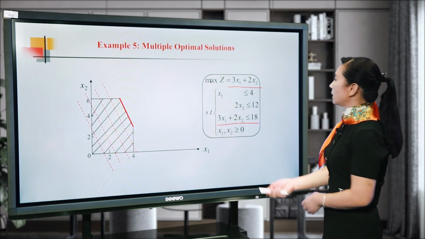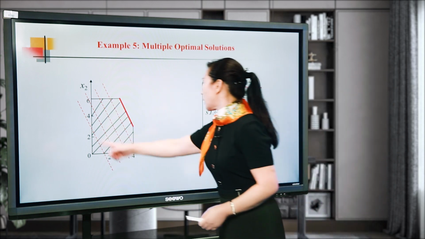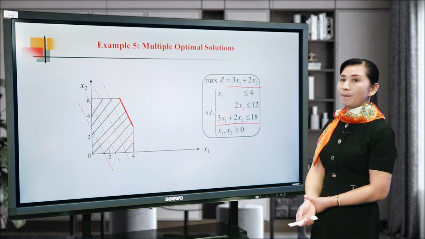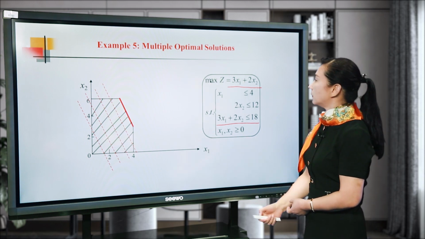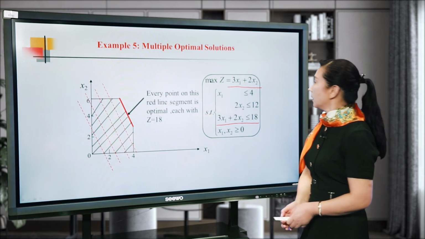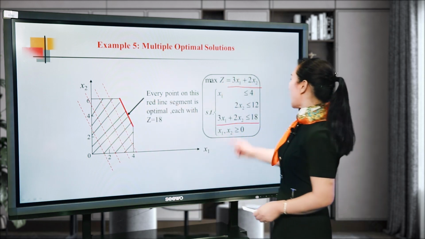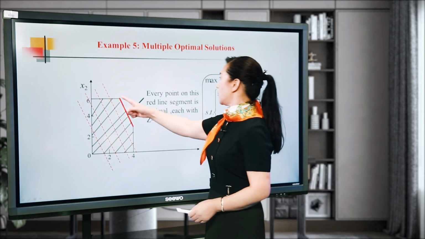So if we move the objective line to the feasible range boundary, then the objective line lies on the constraint line, and this is the segment.